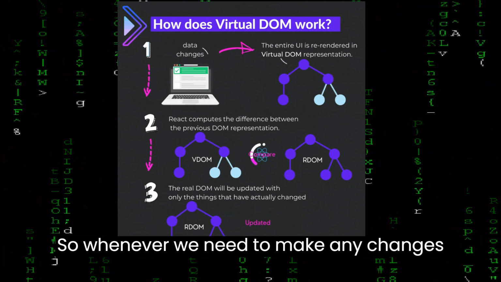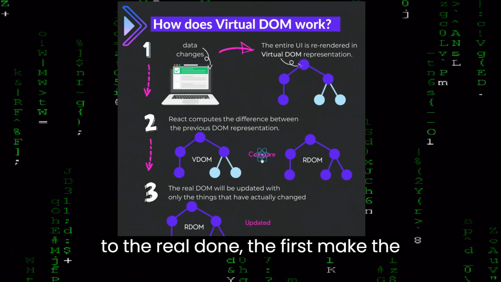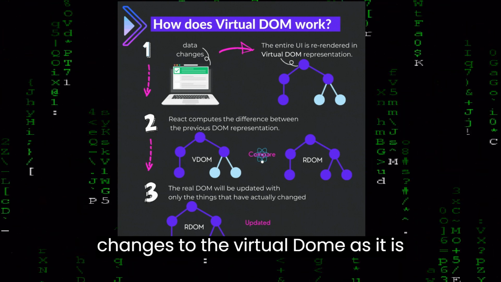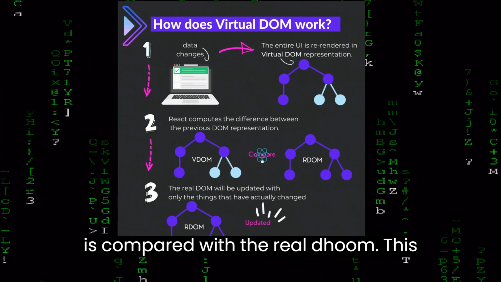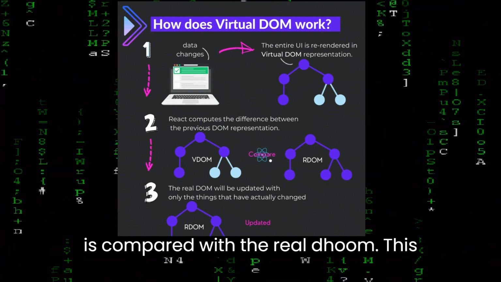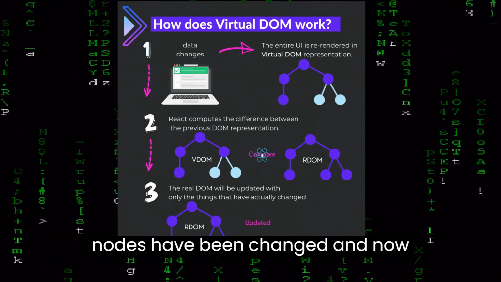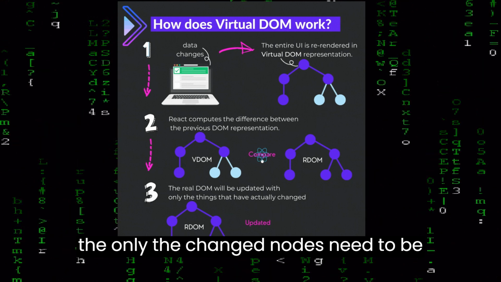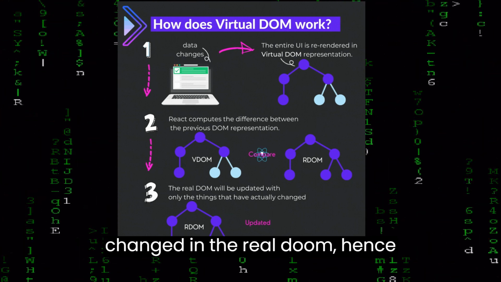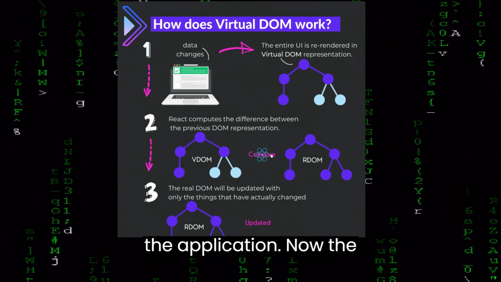Whenever we need to make any changes to the real DOM, we first make the changes to the virtual DOM as it is quick and fast, and then the virtual DOM is compared with the real DOM. This process is done to identify which nodes have been changed, and now only the changed nodes need to be changed in the real DOM, hence increasing the overall performance of the application.